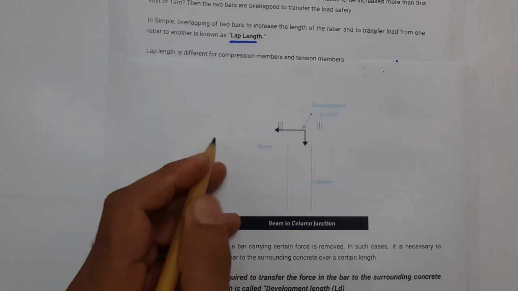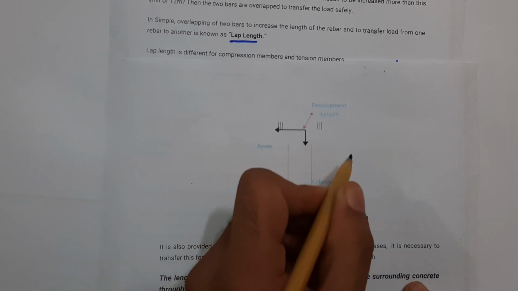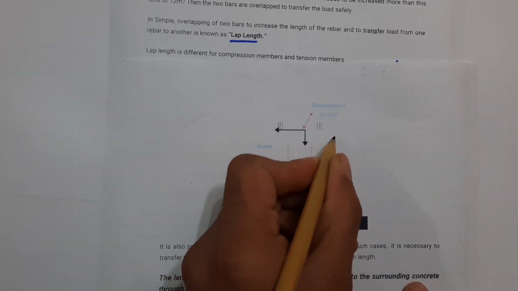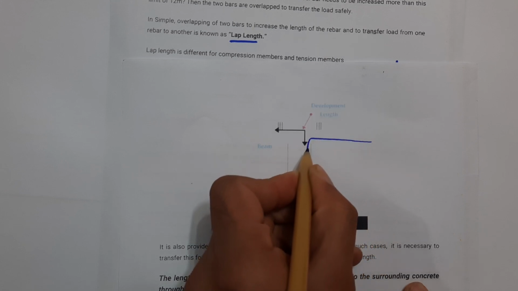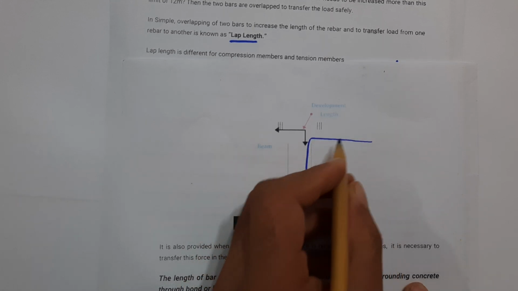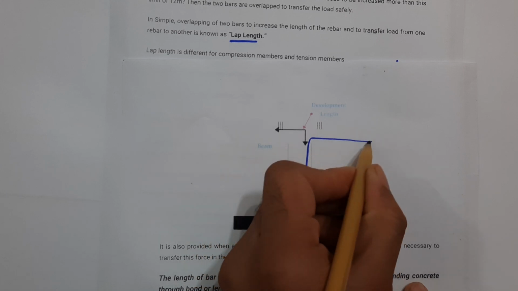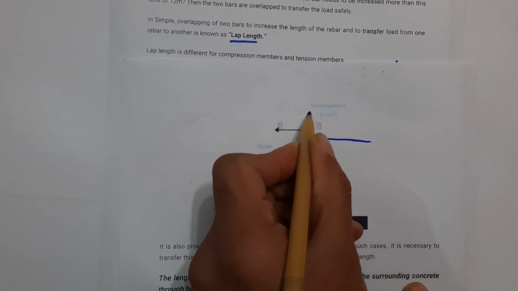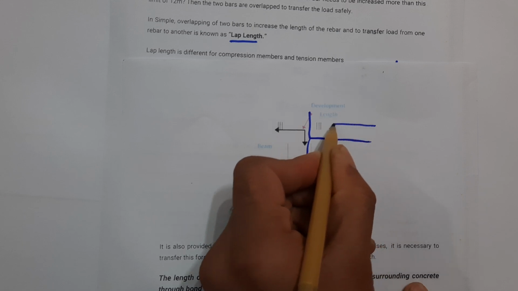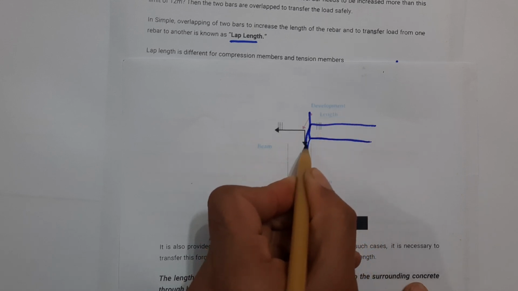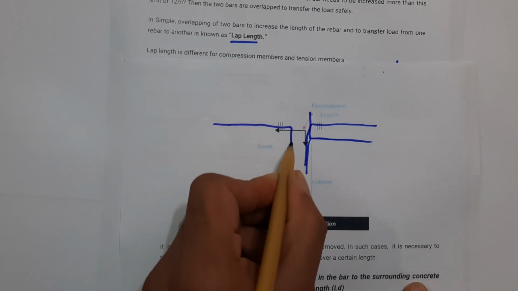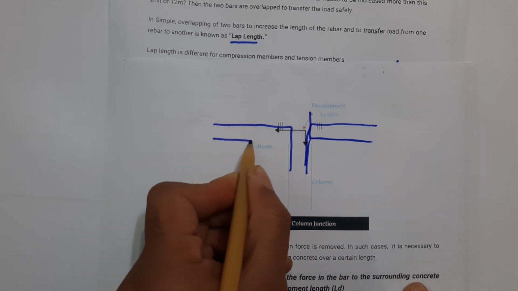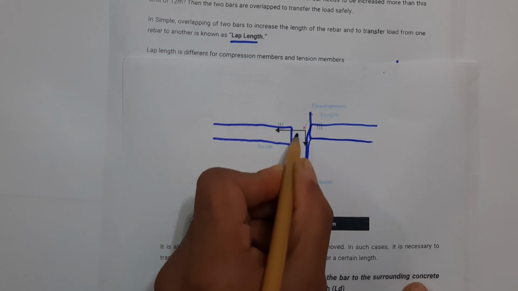The steel is coming from the beam and going to the downward side, and the top bar is coming to the downward side like this, while the downside steel bar is bent to the upward side.